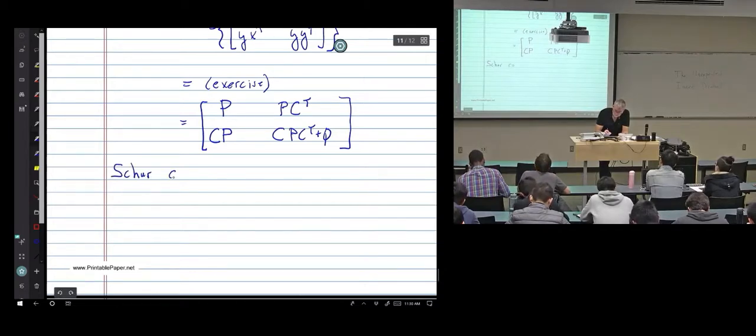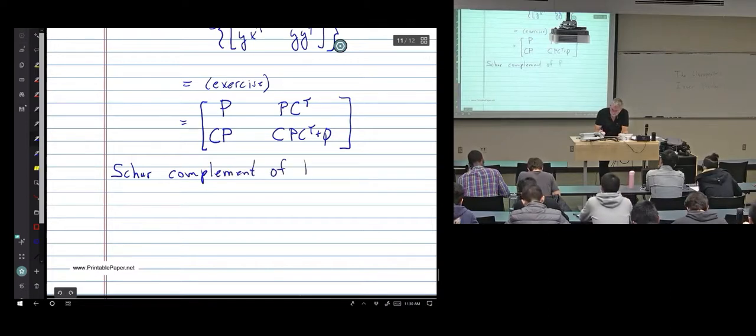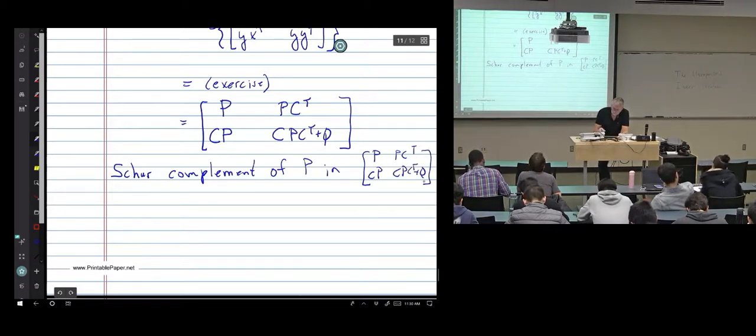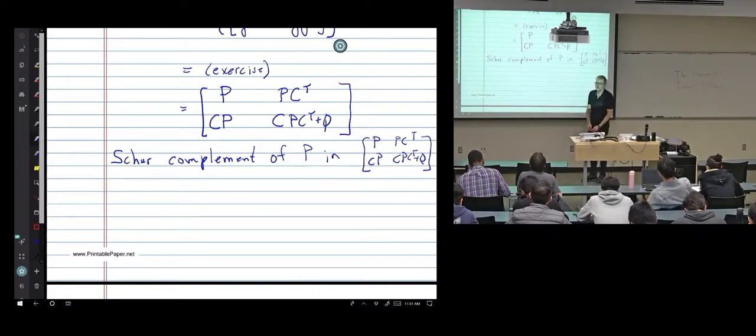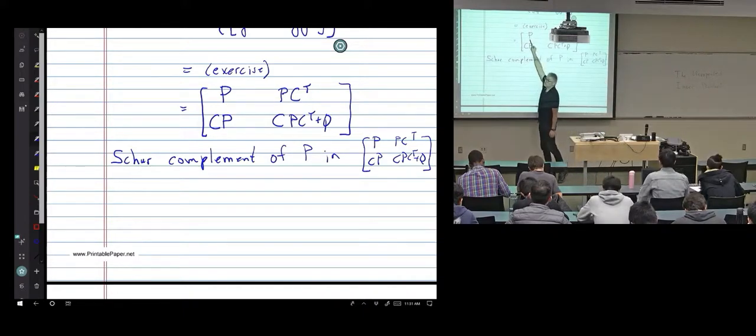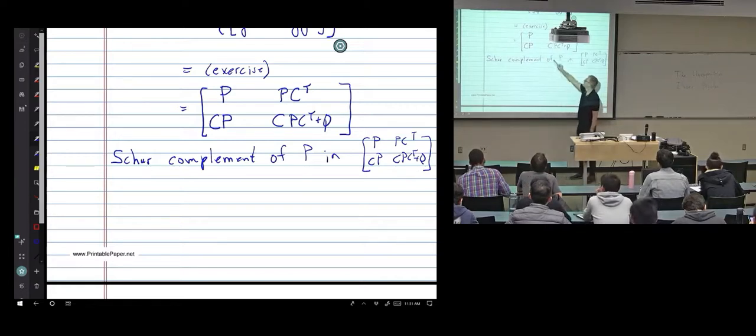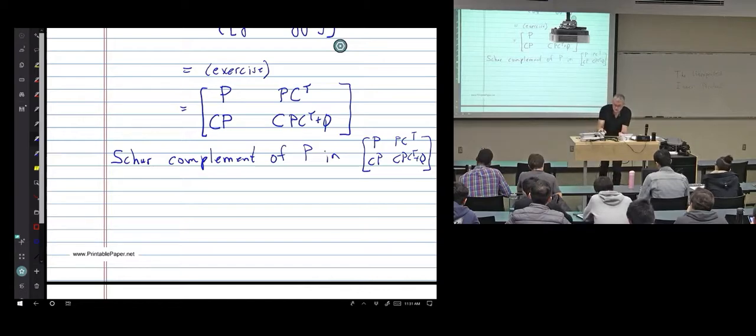Let's compute the Schur complement of P in this matrix. We didn't give it a name. Okay. You guys remember the formulas by heart almost? So it's going to be P minus PC transpose times CPC transpose plus Q, inverted, times CP, right? That's the Schur complement.